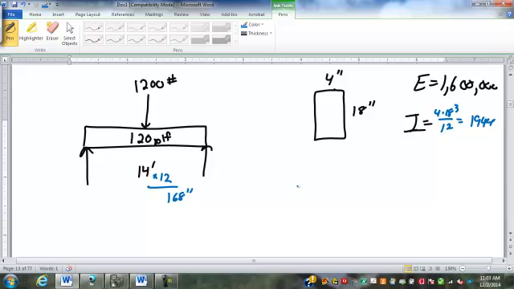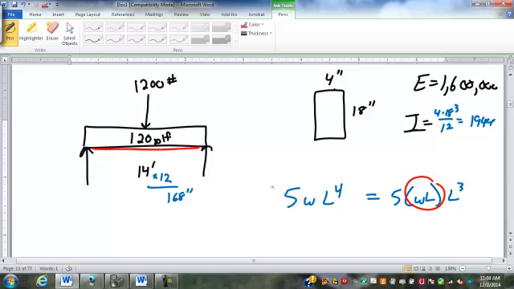I just remembered where the formula came from, so now I understand why the book did what it did. This top term, 5WL to the fourth, that's just compressed for the formula. It really is this, 5 times WL times L to the third. Why do I break it up that way? Because WL is the load, 120 pounds per foot times 14 feet.